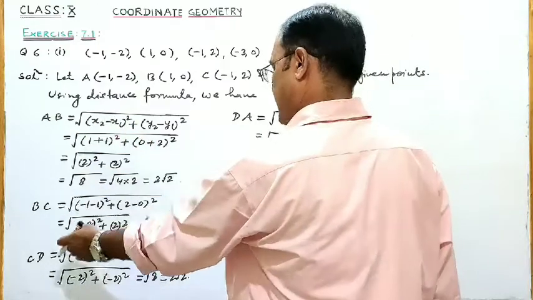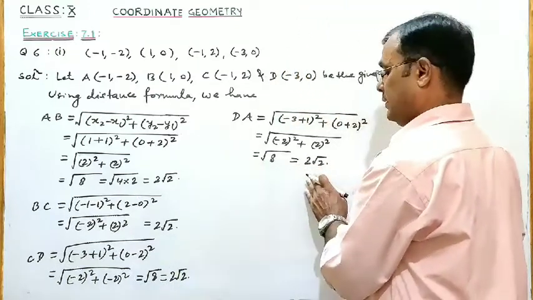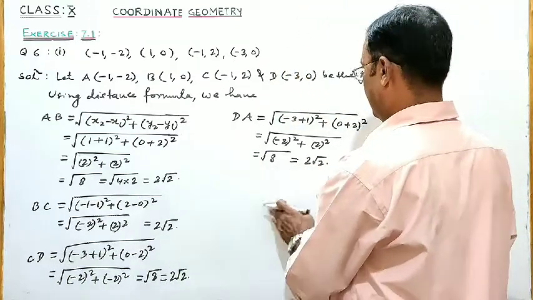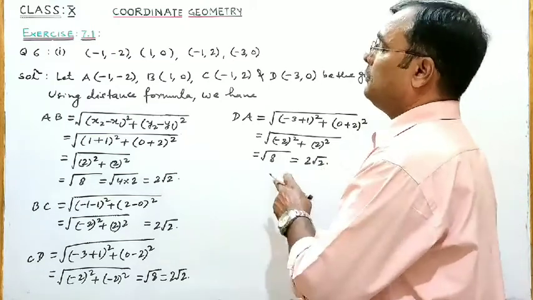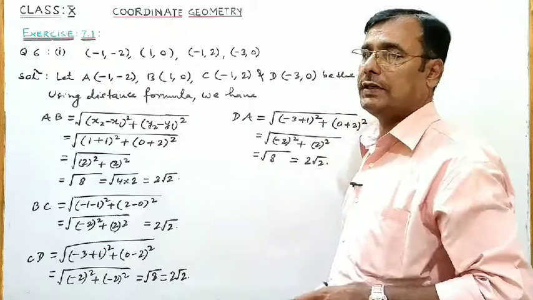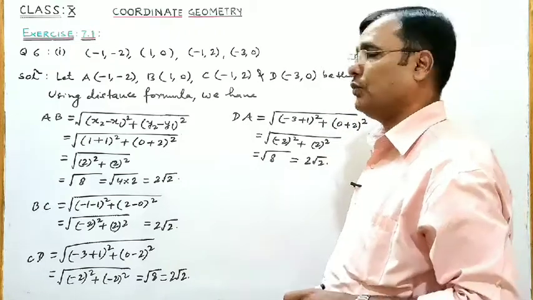So AB, BC, CD and DA we have calculated, and we have got same value 2 root 2. So all four sides of this quadrilateral ABCD are equal.